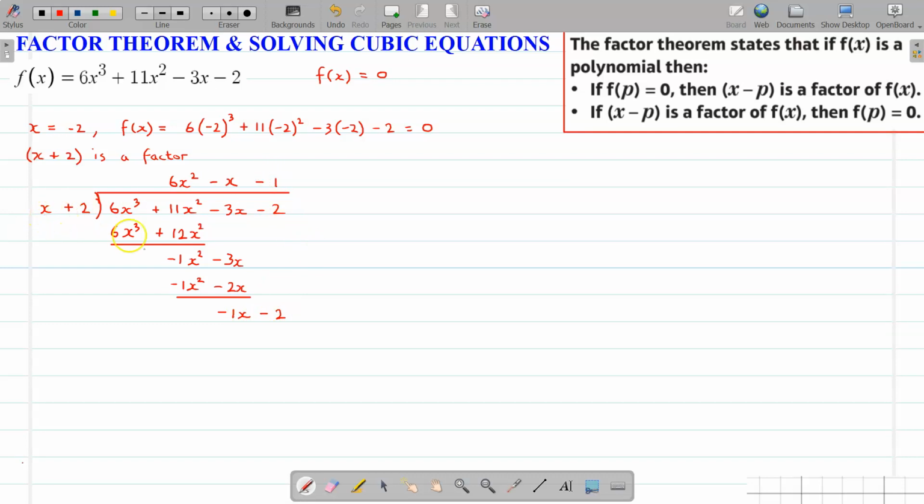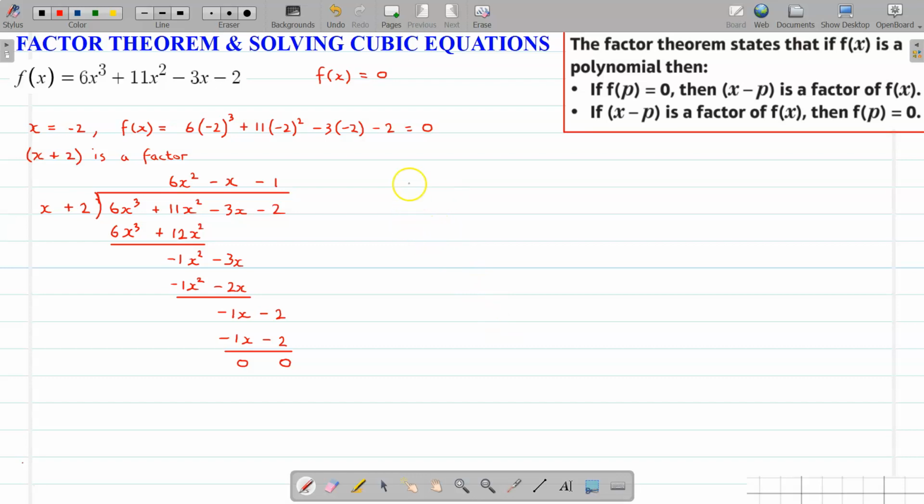Minus 1 times this gives me minus 1x. Minus 1 times 2 gives me the minus 2. And to conclude, I can show that the remainder, when you subtract, is 0. So it does indeed go exactly.